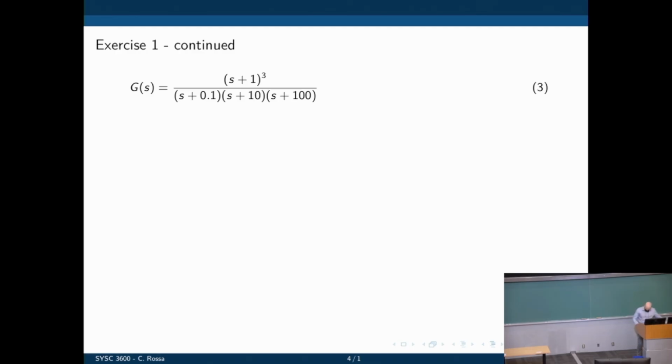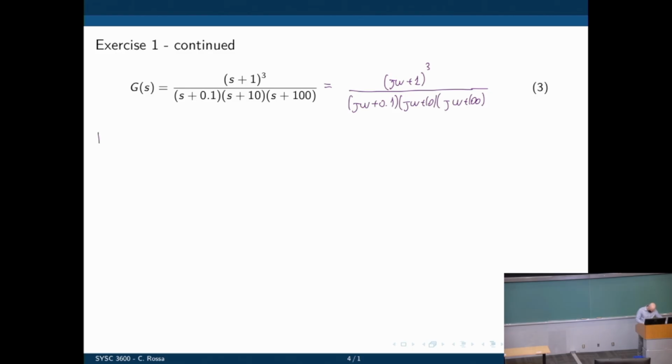To find the phase and magnitude, we simply replace S with J omega, and then we're going to find the real and imaginary components. So you have J omega plus 1 to the power of 3, J omega plus 0.1, J omega plus 10, and J omega plus 100.